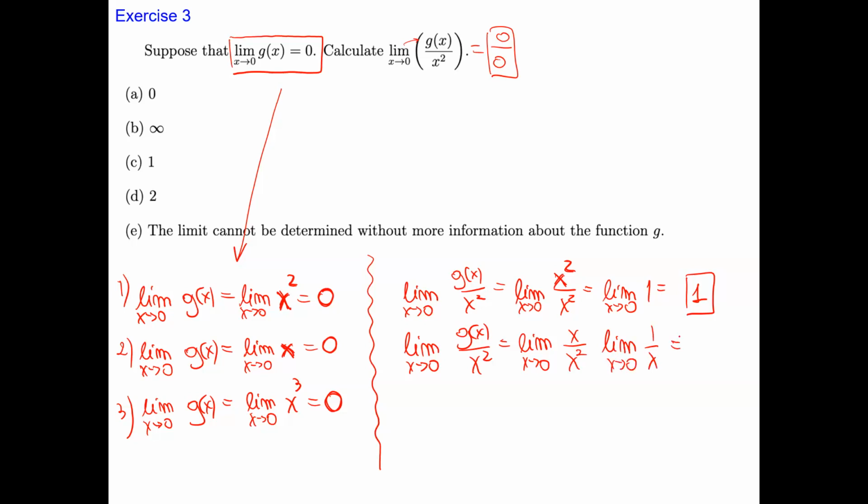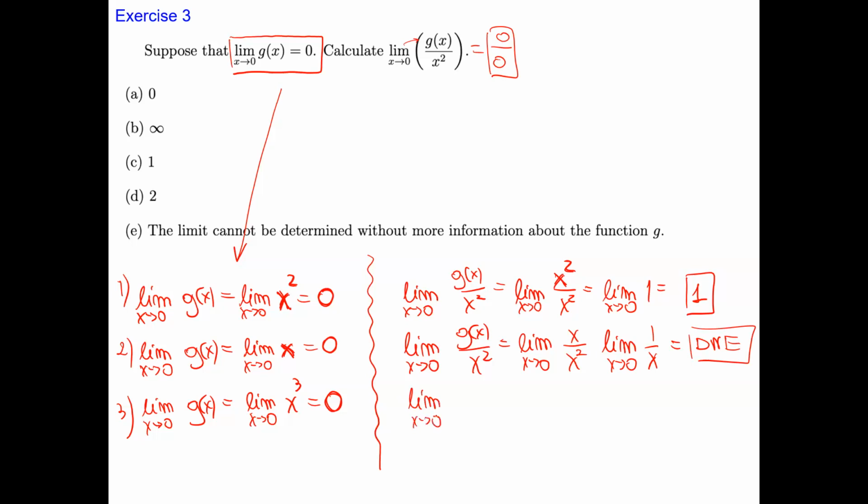And 1 over a small number is a big number, but we have to specify whether it's on the right or the left-hand side. If it's right, it will be positive. If it's left-hand side, it will be negative. That means both one-sided limits are different. If we do not specify left or right-hand side, we can just say this limit does not exist, but it's positive and negative infinity from the right and left-hand side, respectively.